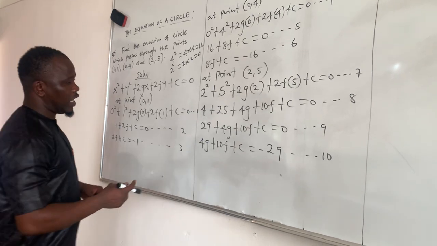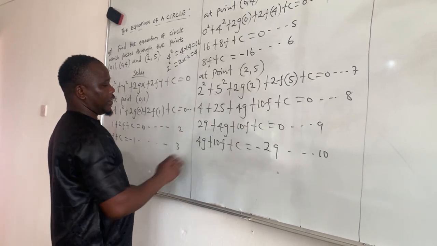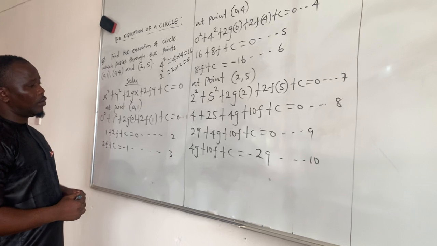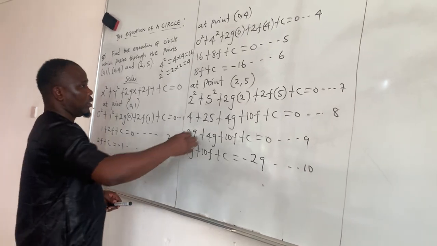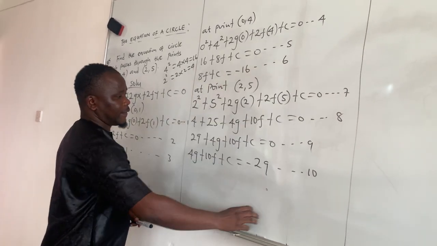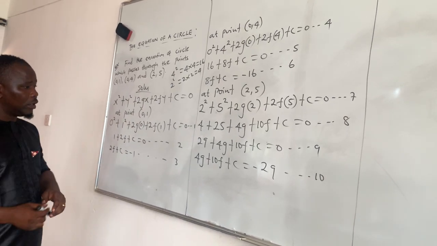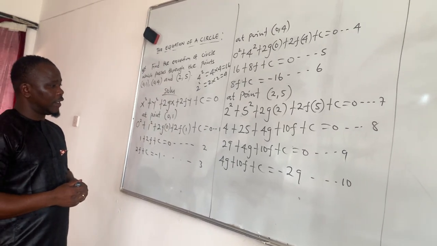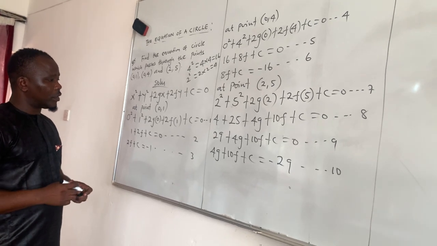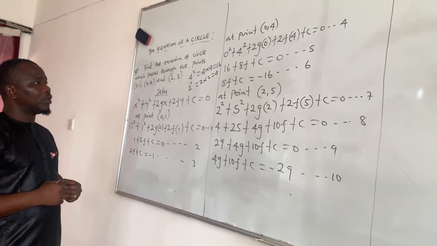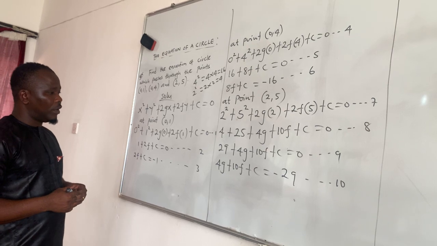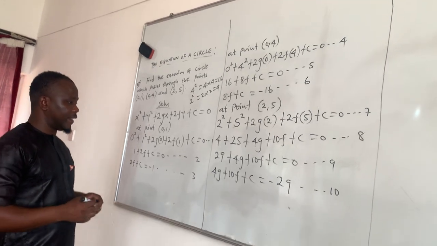If we want to eliminate c, we are going to use equations 6 and 10. How? We will subtract equation 6 from equation 10.